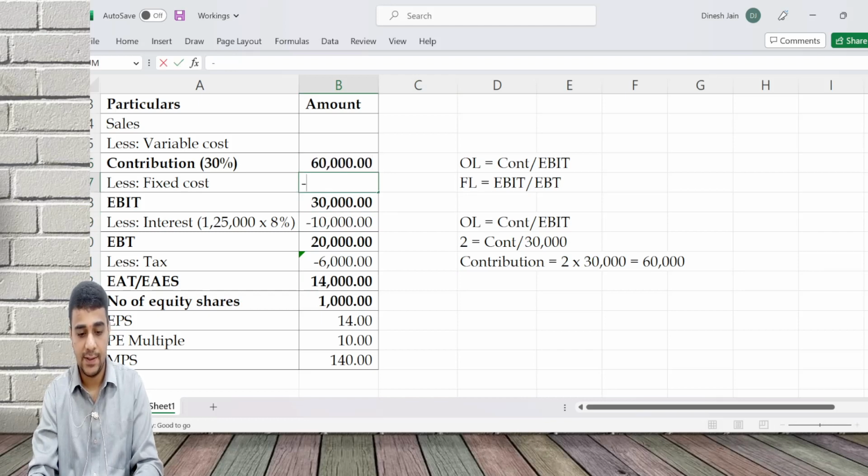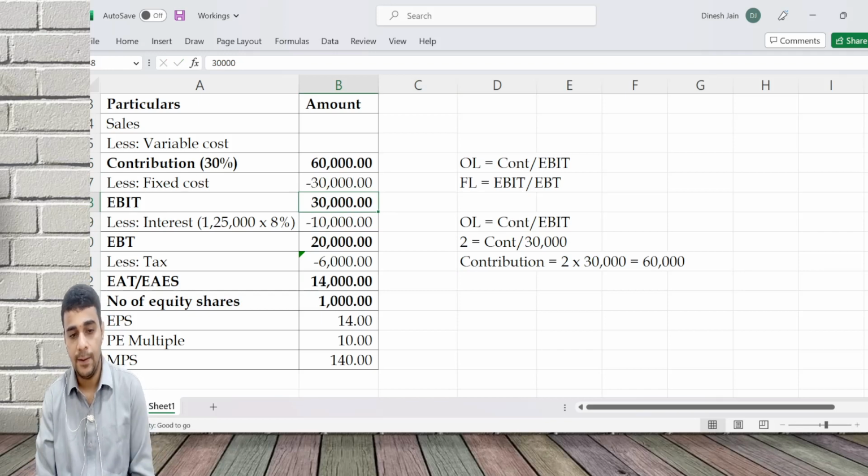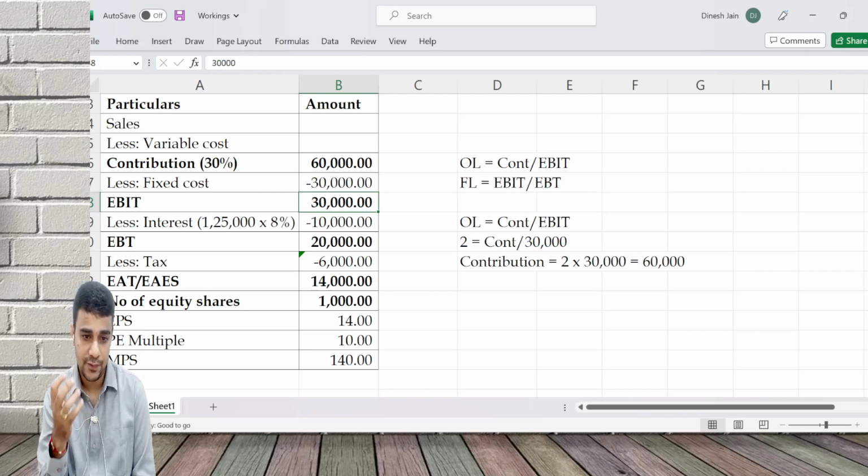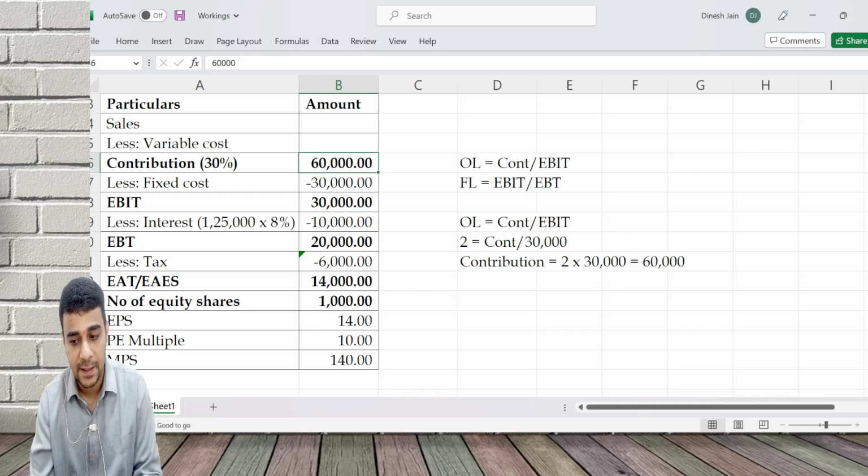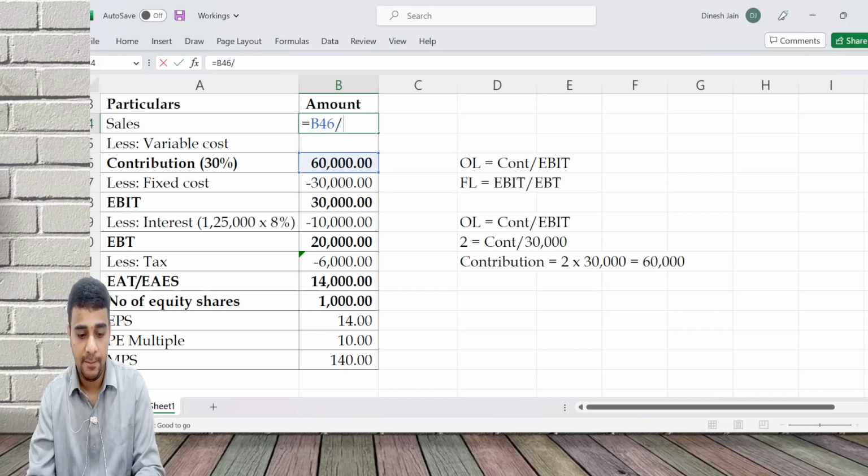Fixed cost is the balancing figure. Contribution is 60,000. Contribution is 30% of sales, so sales is this divided by 30%.